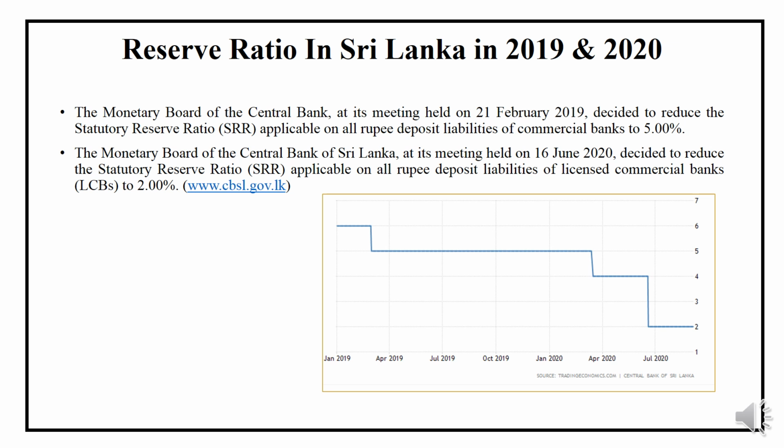And the central bank wanted the commercial banks to lend more to the public to increase the money supply. In order to do so, they reduced the reserve ratio so that the percentage that the commercial banks have to keep with the central bank will decrease, and the amount that they can lend to the public will increase, which will increase the money supply.